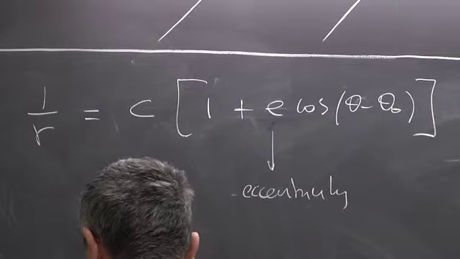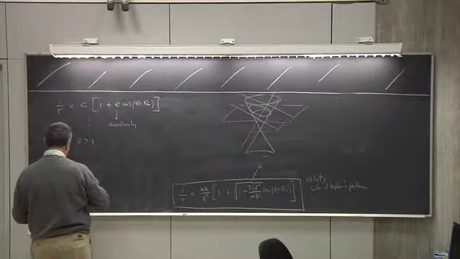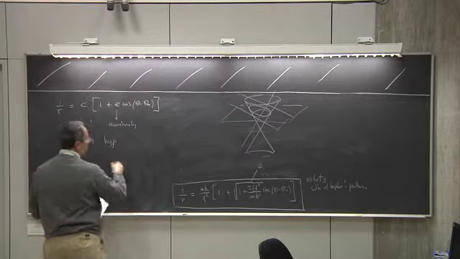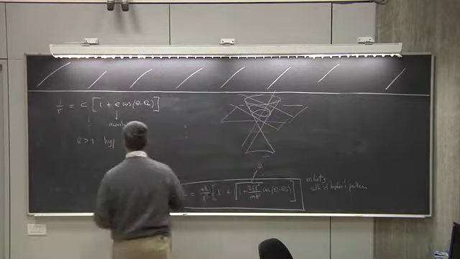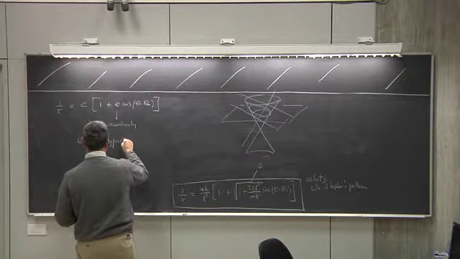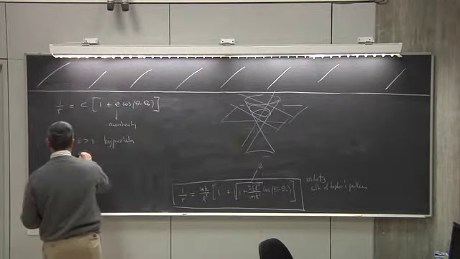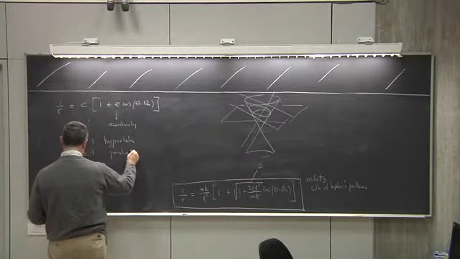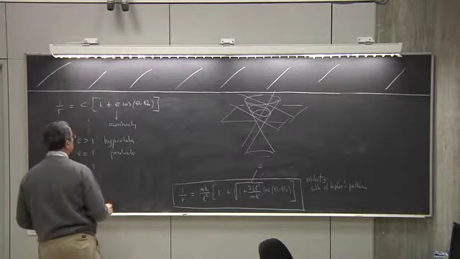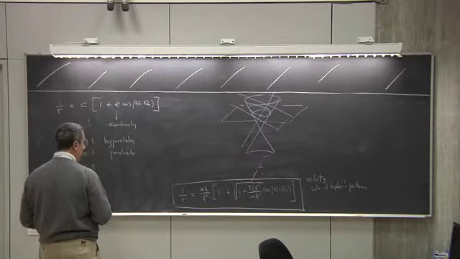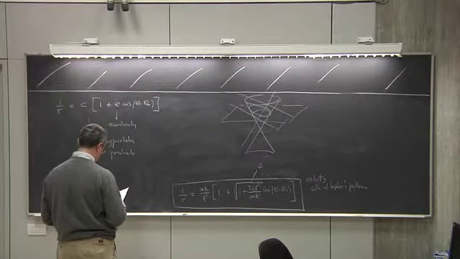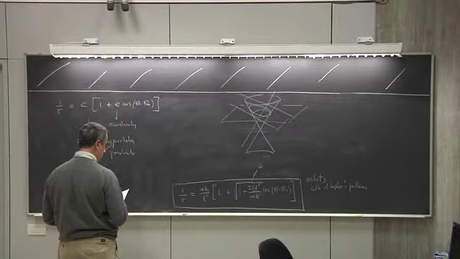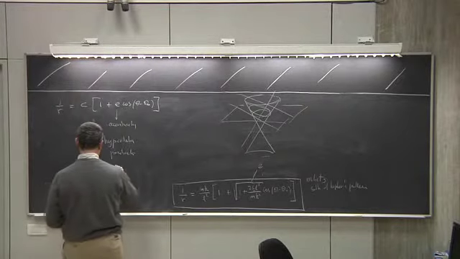And if you have E greater than 1, you have the case I draw here, the hyperbola. If E equal to 1, you have a parabola. And if E is negative, okay, you have the ellipse.